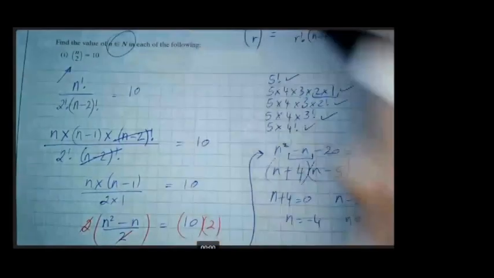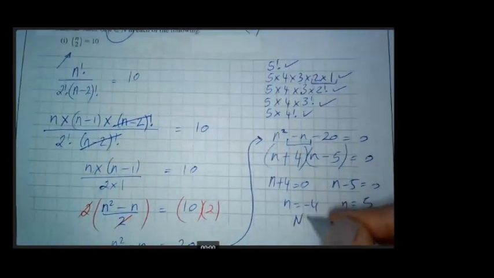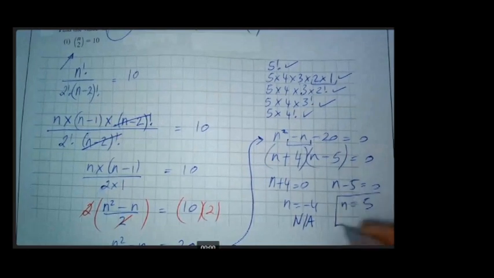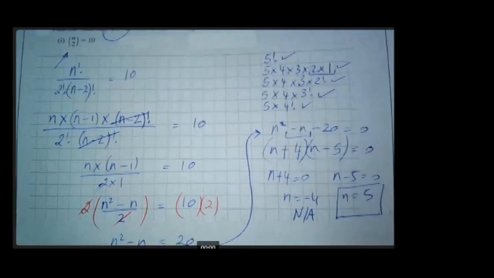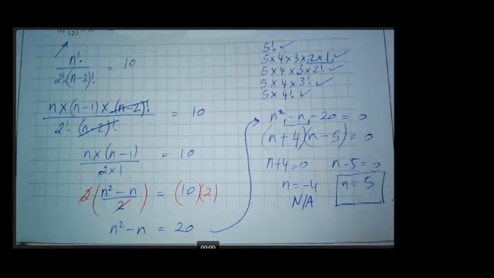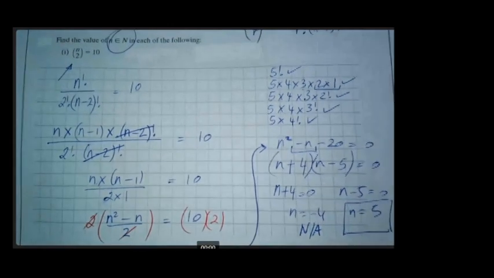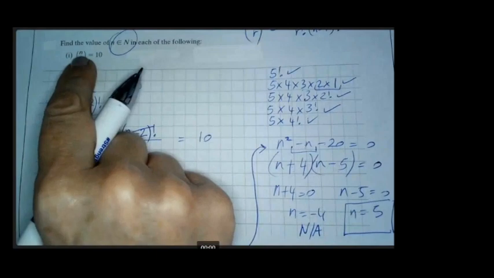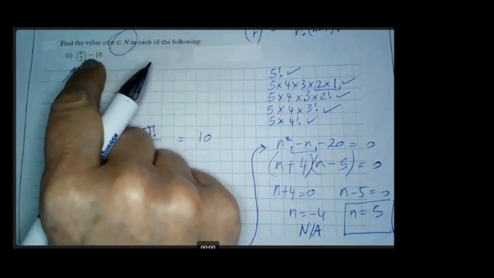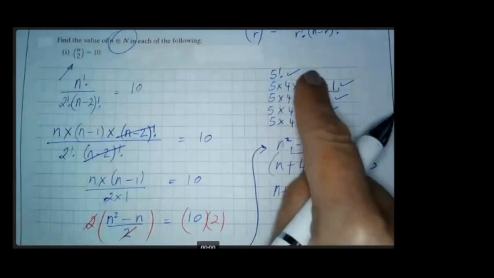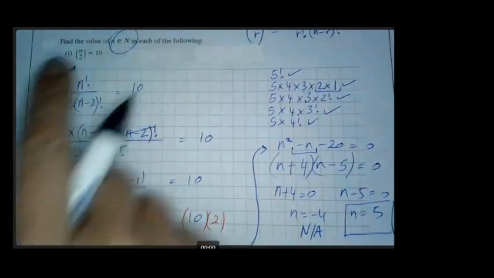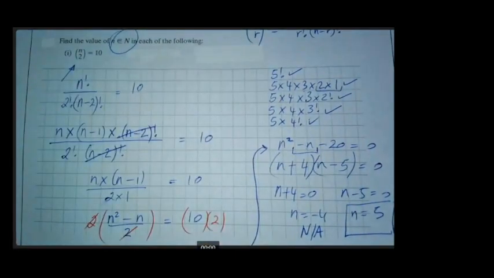Since then, of course, if I go back to my question, n is the natural numbers, we can disregard that one there. And the only possible answer in this context and in this question is n is equal to 5. Now, again, I know you probably could have hit on that if you did a little bit of trial and error on your calculator, but you could get something a little bit more challenging that you wouldn't be able to possibly just hit on.